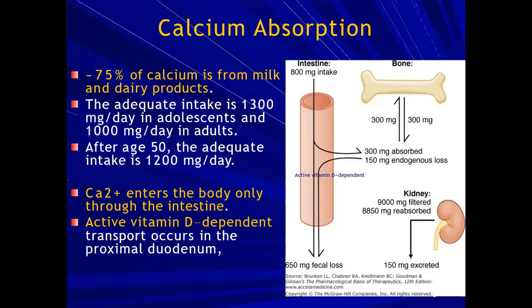So you can see that in the intestine, with 800 milligrams of calcium intake, it depends on activated vitamin D3, where around 300 milligrams is absorbed and 150 milligrams is endogenously lost. So let's say you take 800, then 300 is absorbed, and you lose around 650 milligrams in the fecal matter.